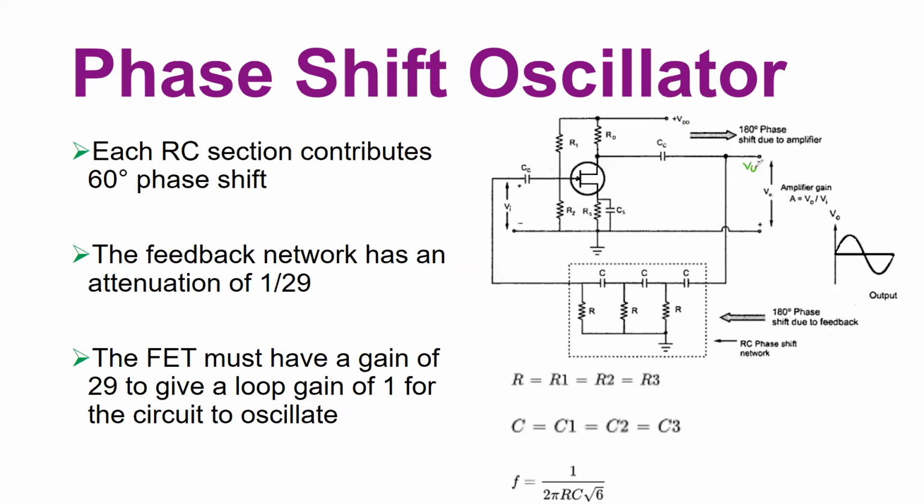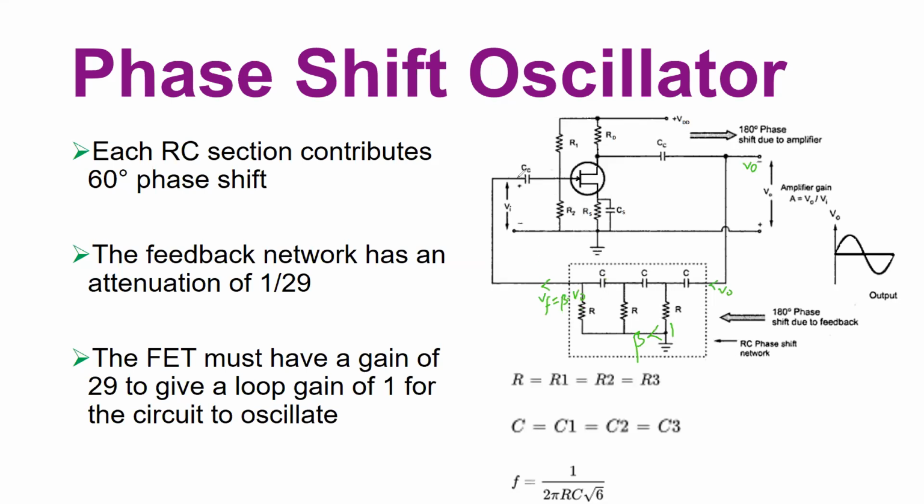So from the block diagram, can we write something like this? Let's say you have the output here. This output becomes the input to the feedback network. The gain of this network is beta, and it is less than 1, so the values of C and R are chosen in such a way that the beta factor, which is an attenuator, is less than 1. Here you have a feedback output VF. VF is equal to beta times V naught.